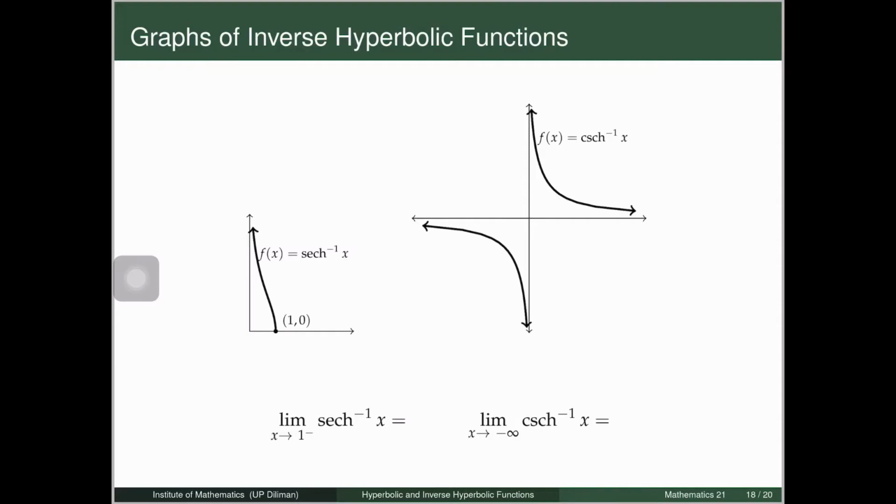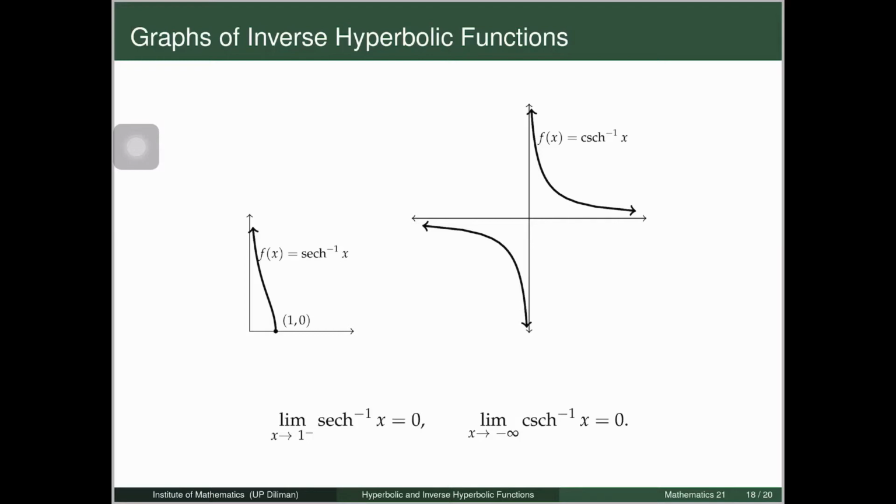Kay csch inverse, punta ka kay negative infinity. So ang sagot kasi parehas equal to 0. What if evaluate the limit of sech inverse x as x approaches 0 from the right? So looking at the graph, diba yung y values natin nag-approach sa positive infinity. So again, the limit of sech inverse x as x approaches 0 from the right is positive infinity.